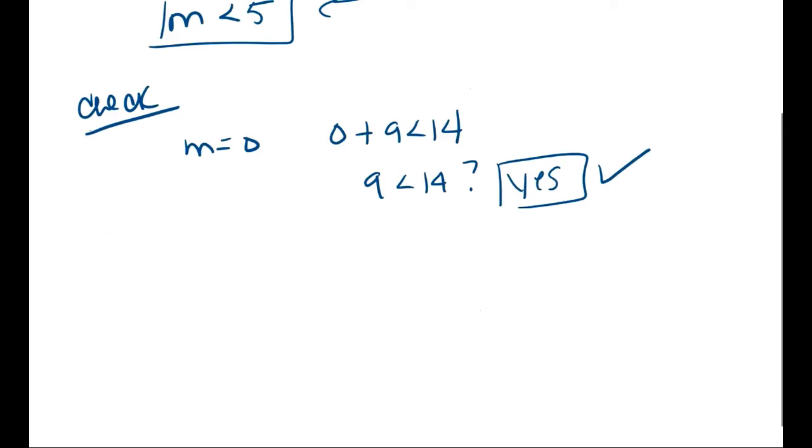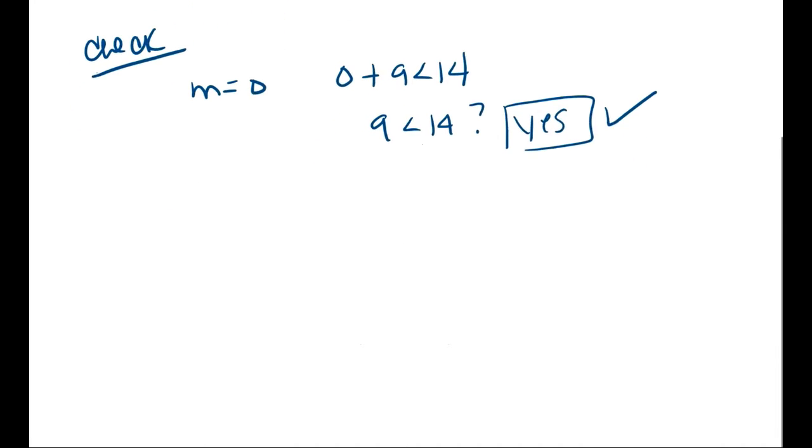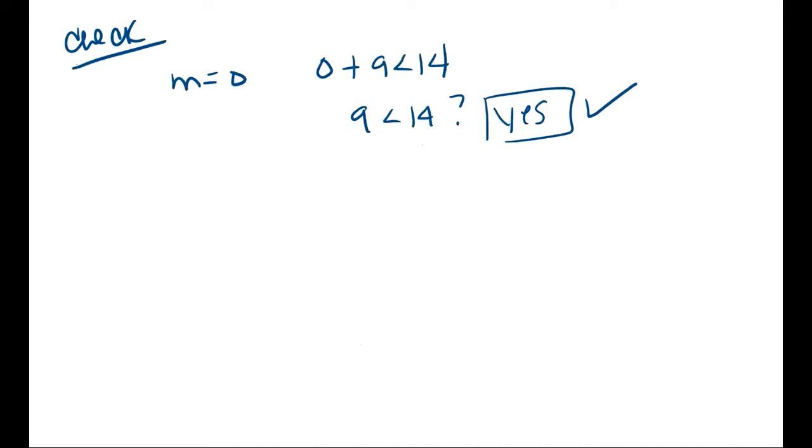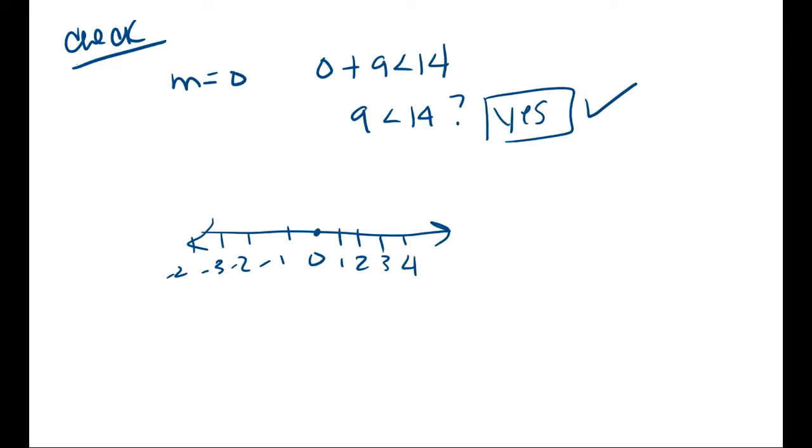Now all we have to do is graph this thing. So remember our rules from yesterday. You're going to go ahead and do your number line. Again, if you want to do a really nice one, that would be great. And then you're going to find your number. In this case, it's 5.